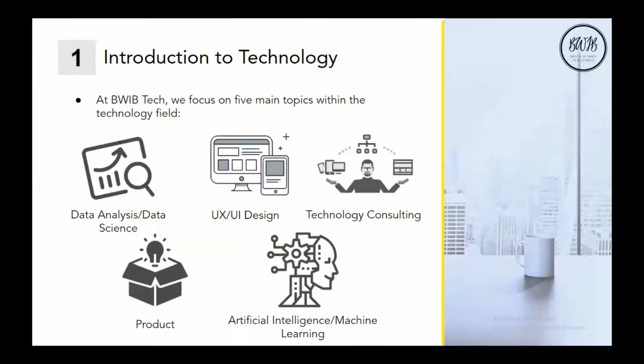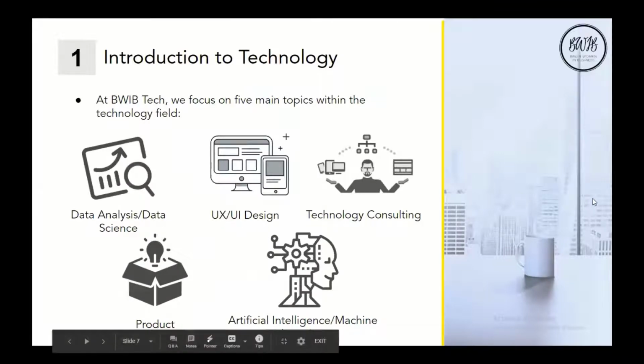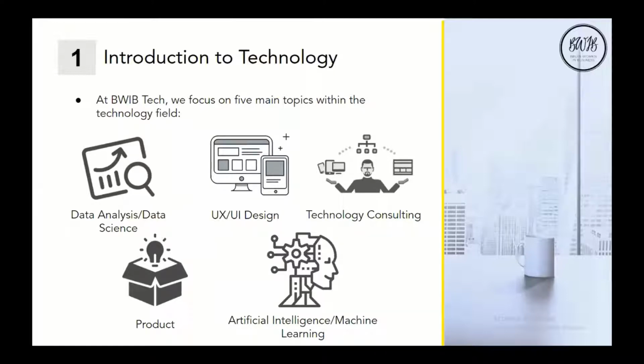At BWIB Tech, we focus on 5 main topics within the technology field, and these 5, we think, pretty much cover a good chunk of the technology industry, and they're pretty versatile.